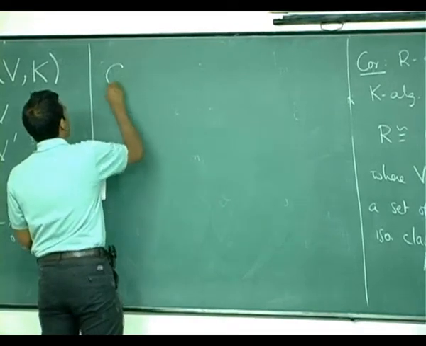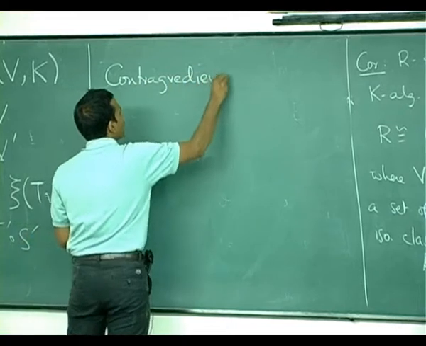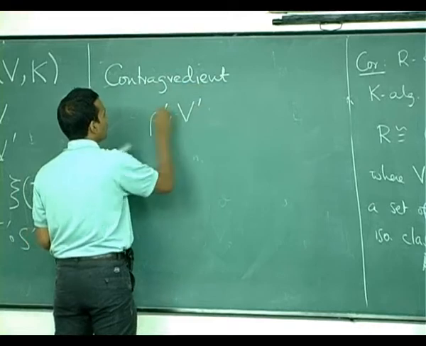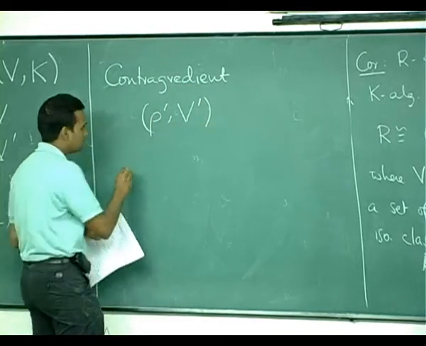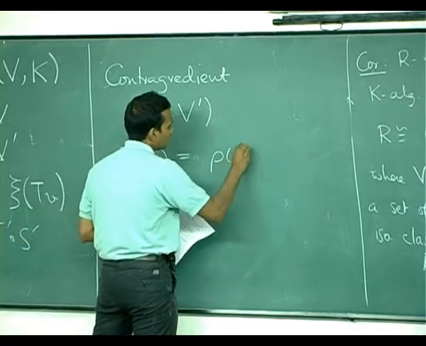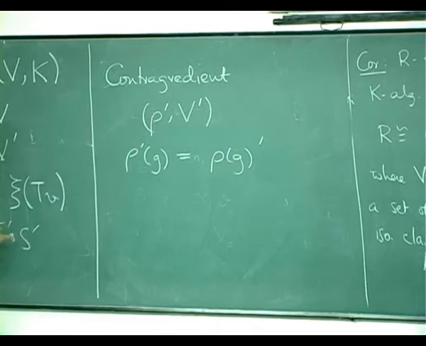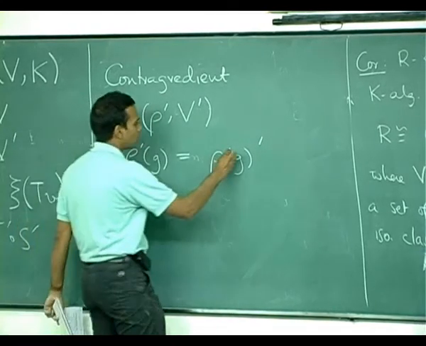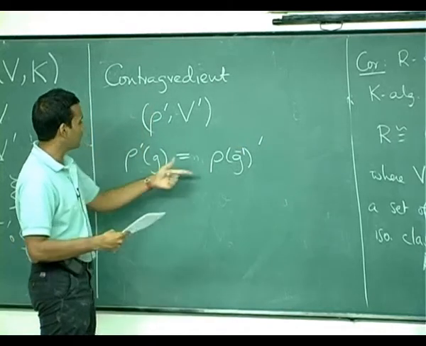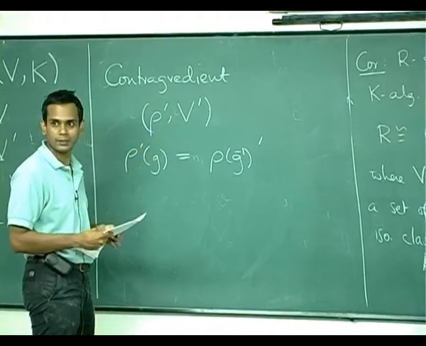If you have a representation rho comma V, you can define a representation rho prime on the vector space V prime by saying that rho prime of g is, I would like to say rho of g prime, but that won't be a representation because of this order. But you compensate for that by putting an inverse here. So this becomes a representation of G on V prime, and this is called the contragradient representation.